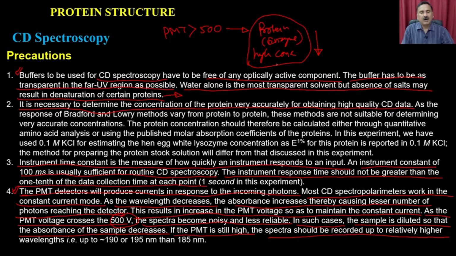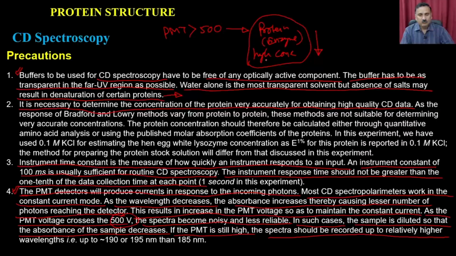So this is all about CD spectroscopy. We have discussed the general principle of CD spectroscopy, and I would suggest that if you want to read more about the principles and other things, I have given you the link for the NPTEL web course, where we have given the complete content.